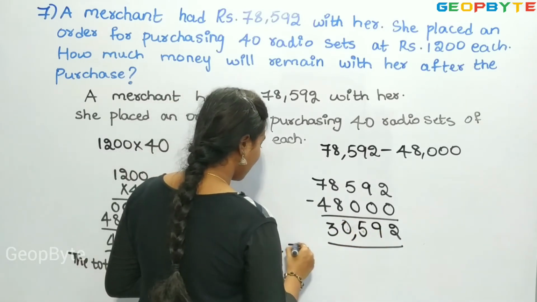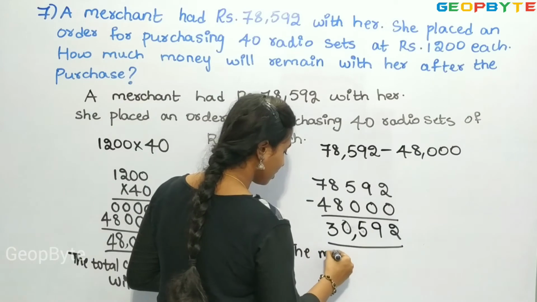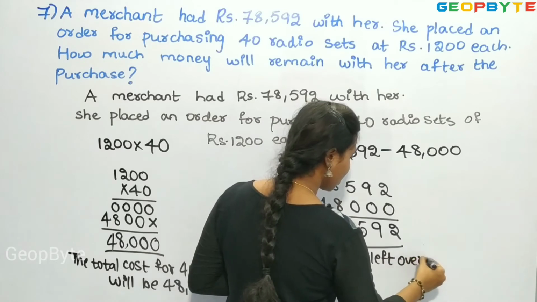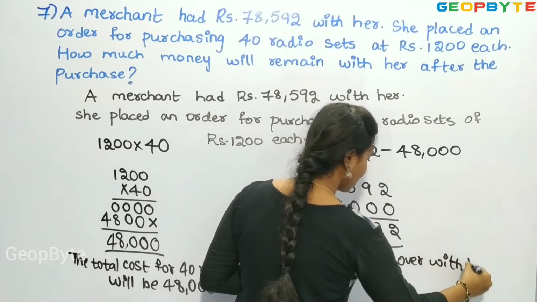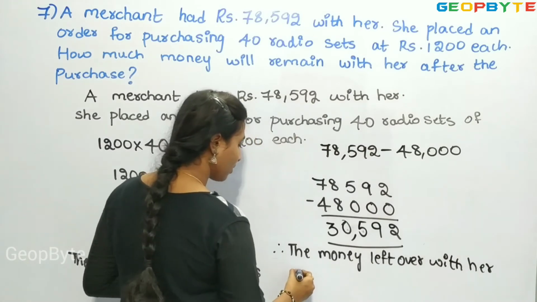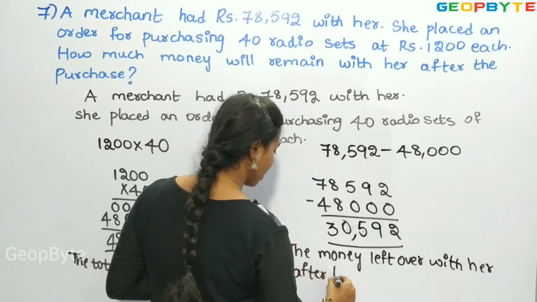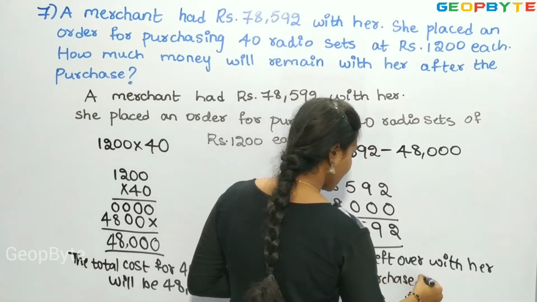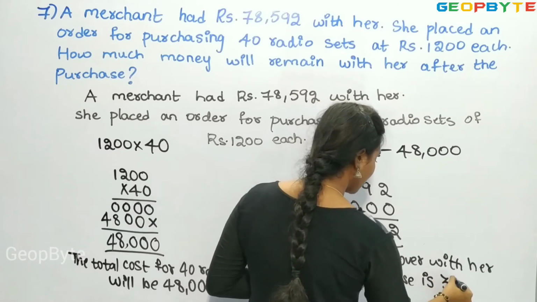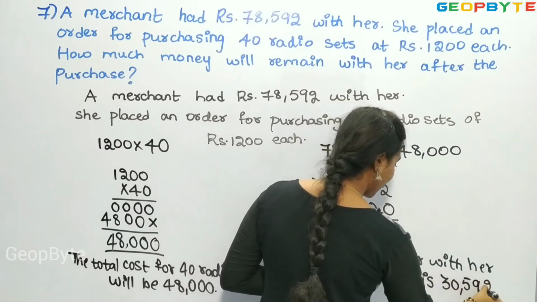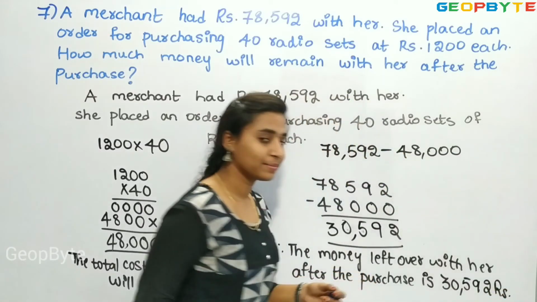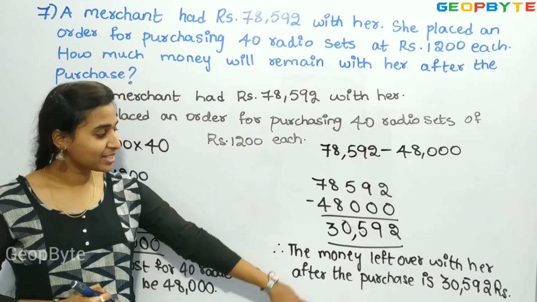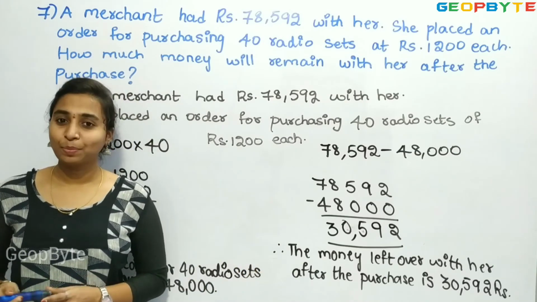Let us write the money left over with her after the purchase is 30,592 rupees. So the money left over with her after the purchase is 30,592 rupees.